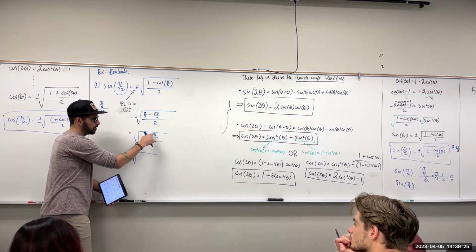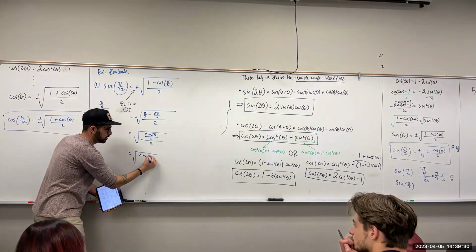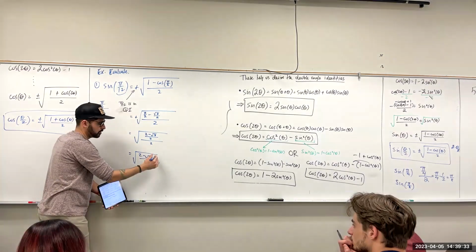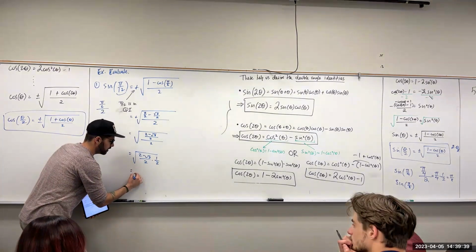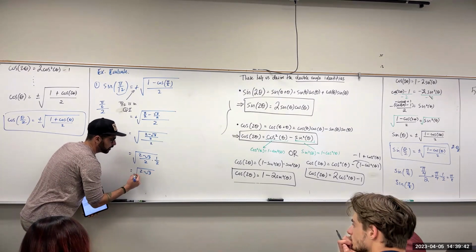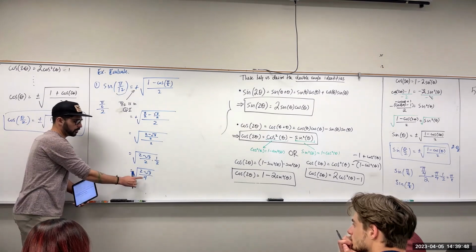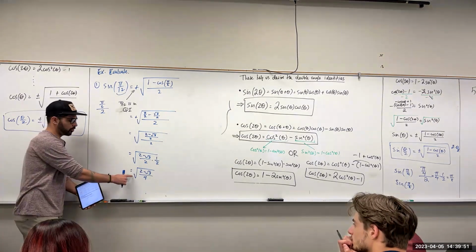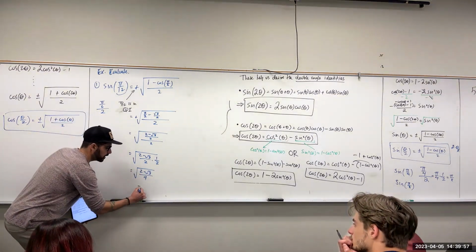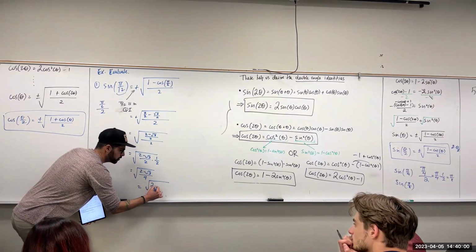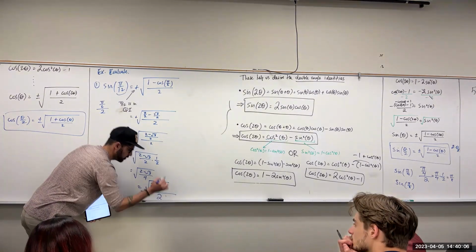So then this becomes this fraction times the reciprocal of 2, which is 1/2. So that gives me 2 minus √3 over 4. The 4 is a perfect square. So then I square root the top over the square root of the bottom to eventually give me, look at this, square root of 2 minus square root of 3 over 2.